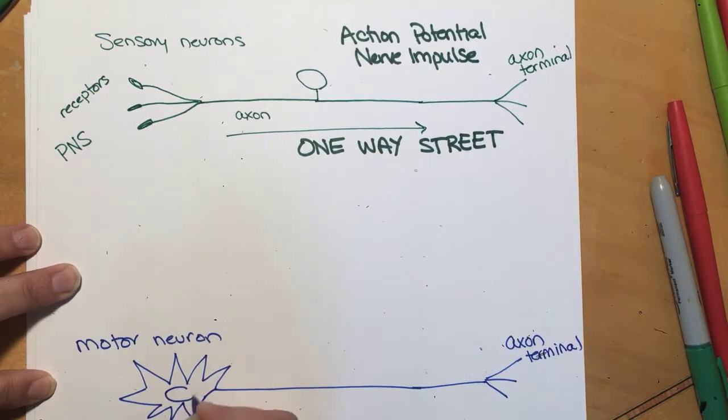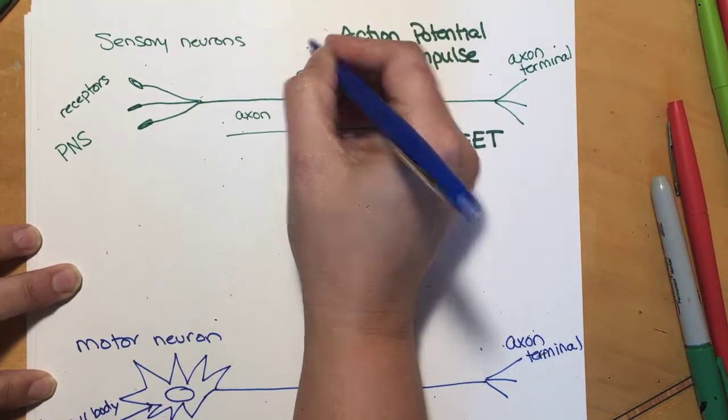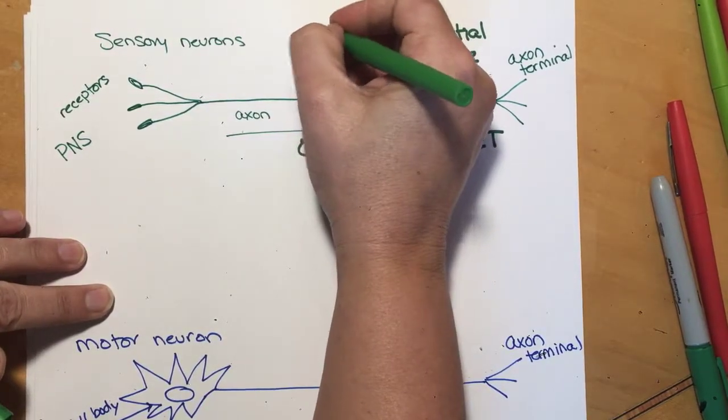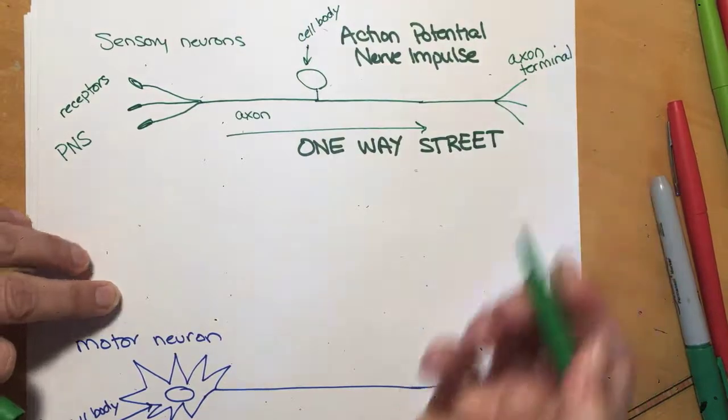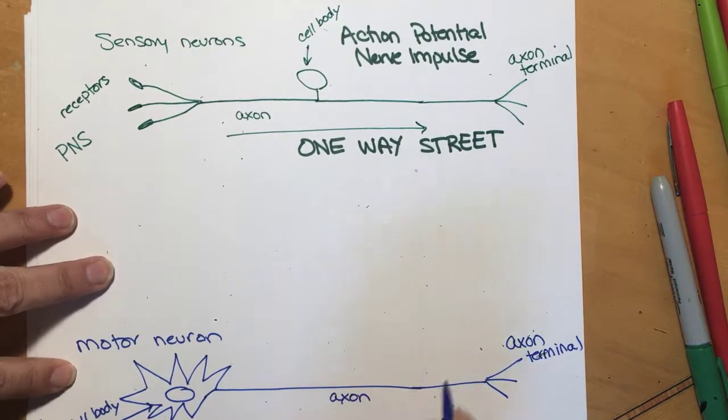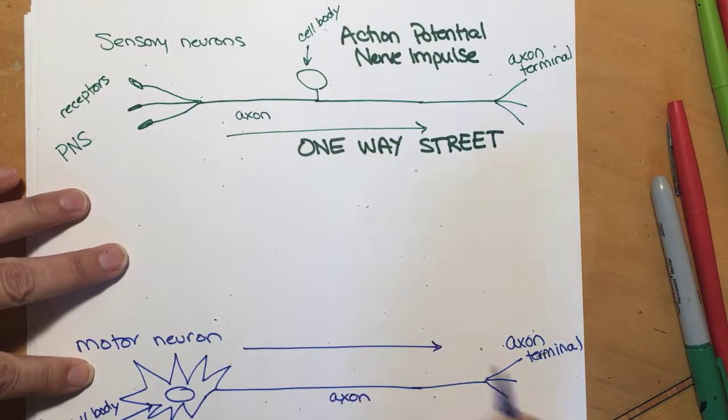The cell body in this case is here. So in a motor neuron, the cell body is at the very beginning of the neuron. In a sensory neuron, the cell body is in the middle. And you still have an axon, and you're still going in one direction.